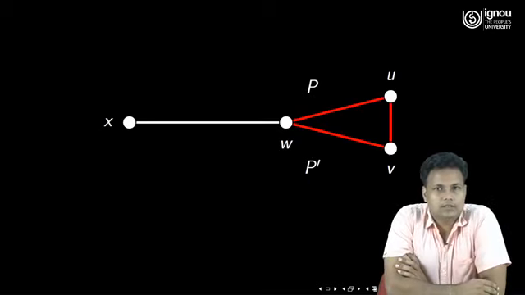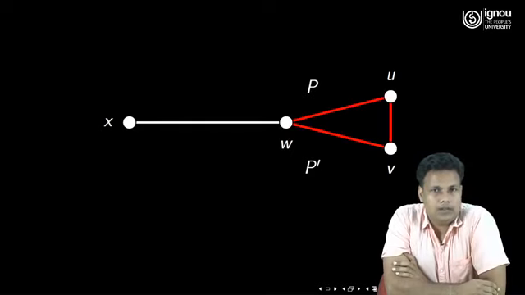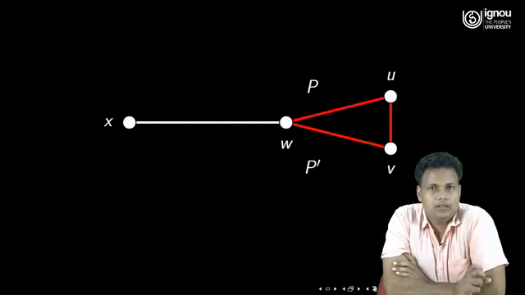Now look at this geometrical figure. We have this vertex x here, and vertex w is farthest from x, right? And P is the path from x to u, which is shown partly in red and partly in white, and P' is the path from x to w and from w to v, right?